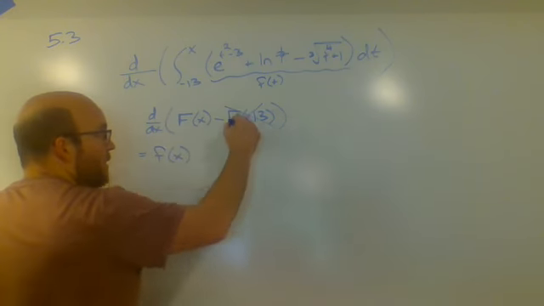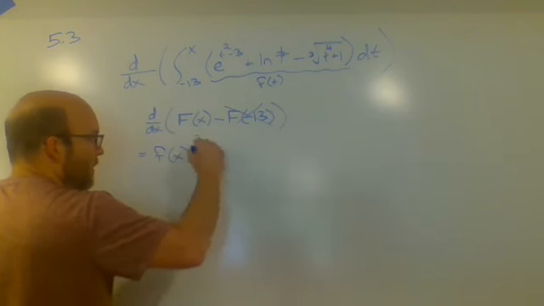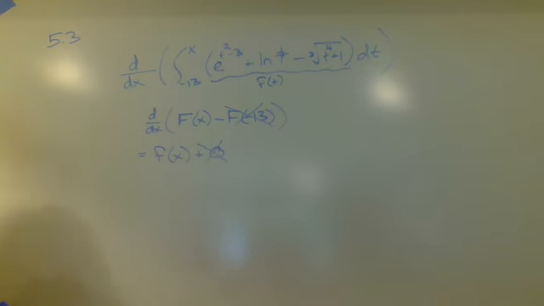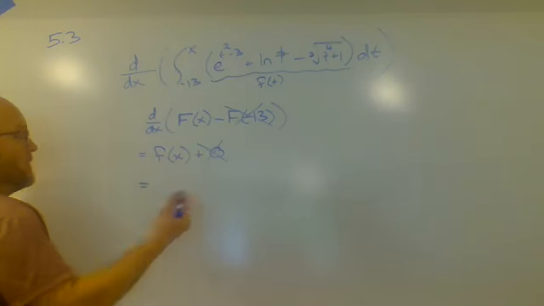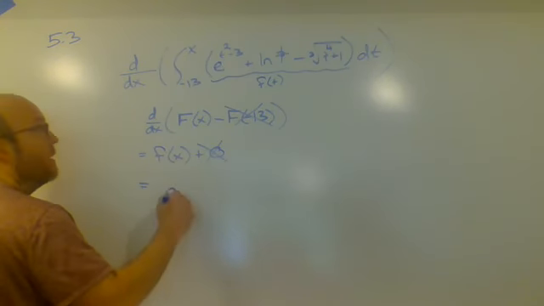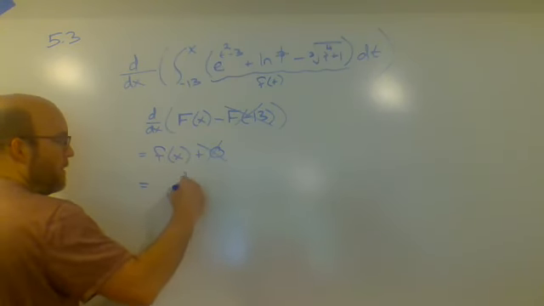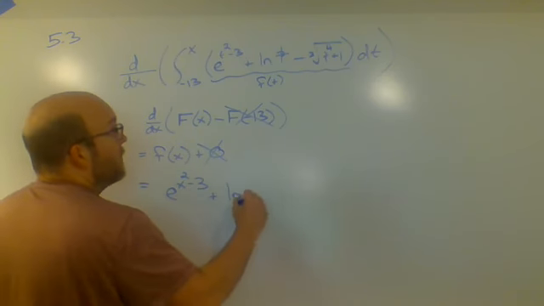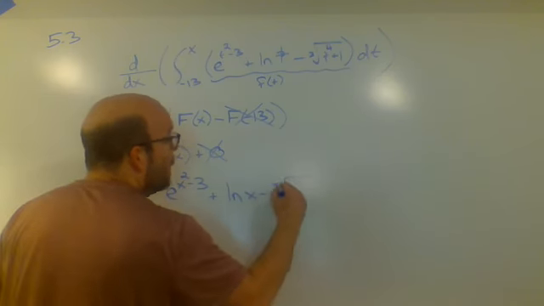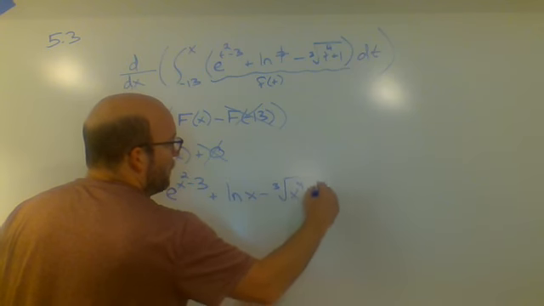That's just a constant, so it disappears when you take the derivative. And then finally, all you're doing is saying, well, there's my function. I just have to replace all the t's with x's, which is the main reason I made the mistake I made earlier. But your end result is e to the x squared minus 3 plus natural log of x minus the cube root of x to the 4th plus 1.